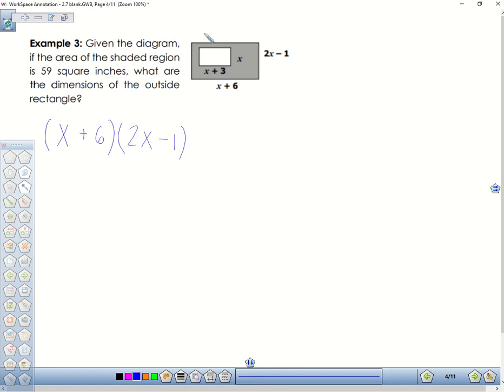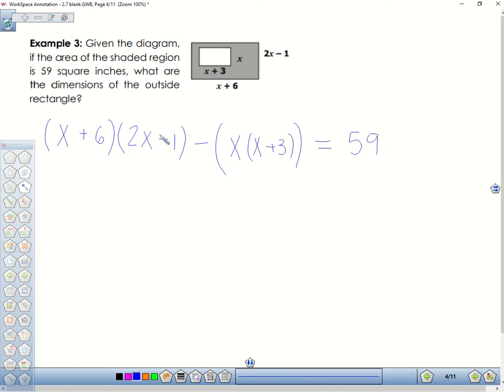And then whatever this area is, I need to subtract away this area of the little rectangle, okay? So minus, now this is where you got to be careful with double parentheses, because we need to make sure we're subtracting this whole thing away. Parenthesis, x times x plus 3. You got the double parentheses. Equals, we know the area of the shaded region is 59.